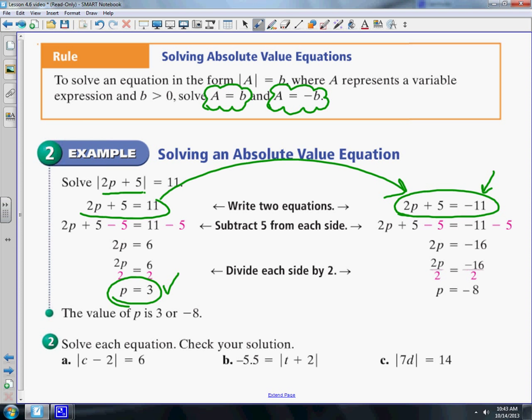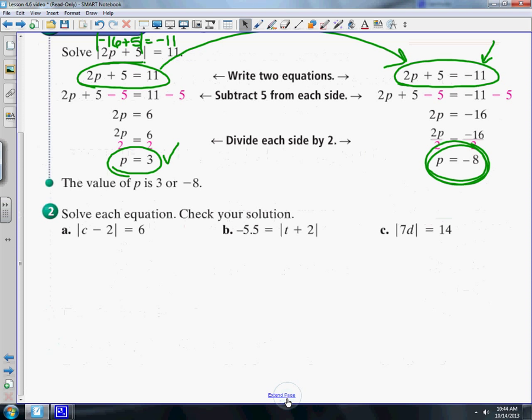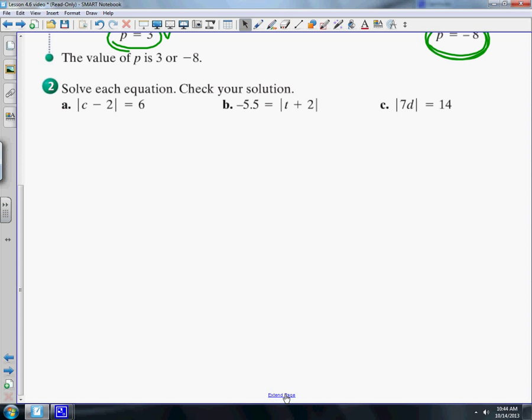So notice the difference between these 2 equations. One is positive 11 and one is negative 11. When I go through and solve that, I can get my other answer, which is negative 8. So put that in. 2 times negative 8 is negative 16, plus 5 is negative 11, but it's the absolute value, so then it turns to a positive 11. So that's perfect. So try these 3 equations, and then we'll check.